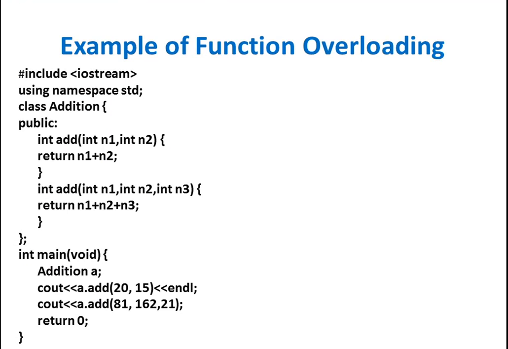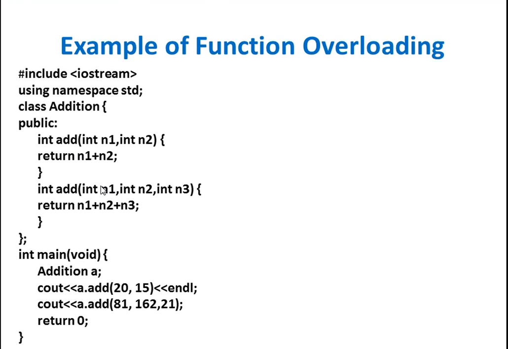In this we have used one header file, then we declare one class, Addition. In the Addition class there is an integer add function, int n1, int n2. We are passing two parameters of integer type to the add function, and this function returns the addition of n1 plus n2. Again, the same name function is declared but with different parameters.